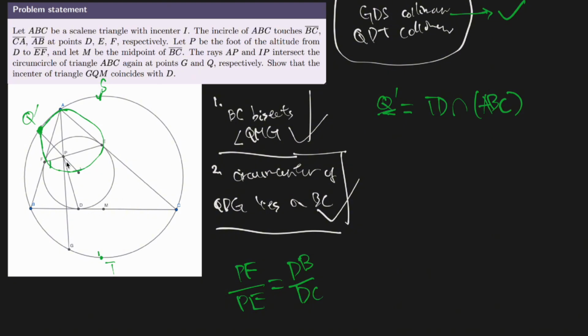Okay, so finally, from this relation, we have that PF over PE is equal to DB over DC, which means that P lies along this line just as far, ratio-wise, as D lies along this line. So that means that P and D correspond under this similarity. But what's interesting is that not only is this a similarity, it is actually also a spiral similarity that's centered at Q prime, and we will show that in a moment.